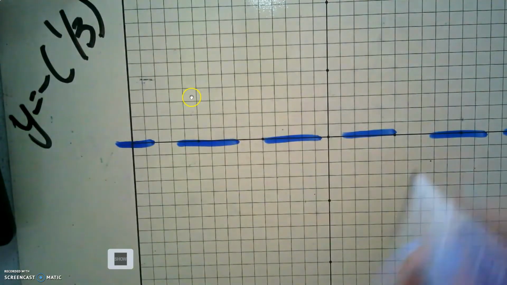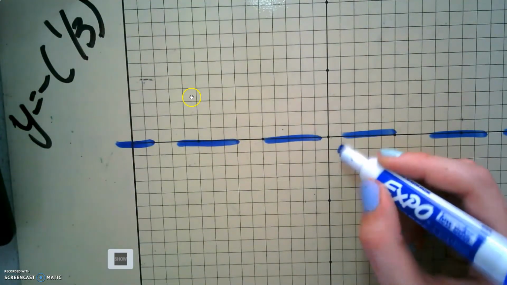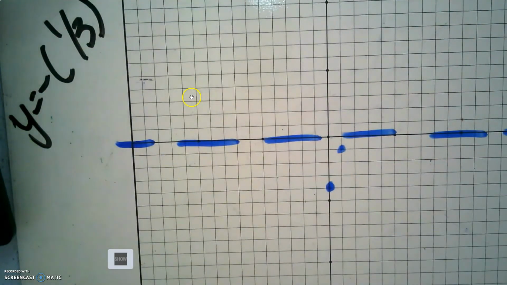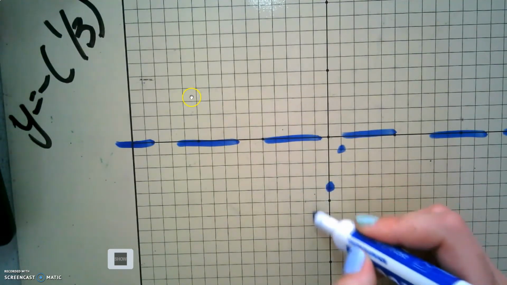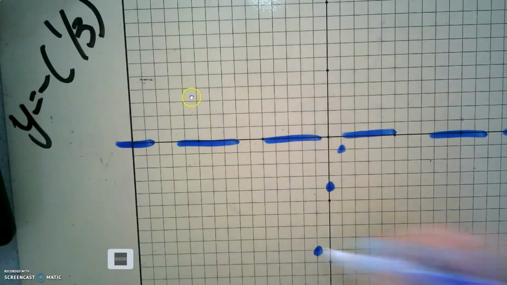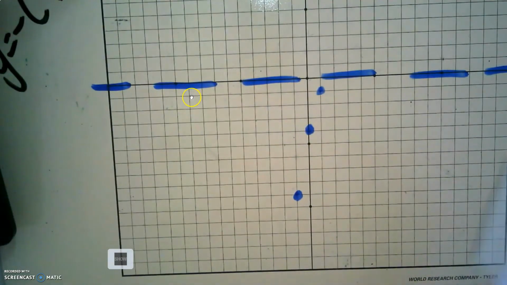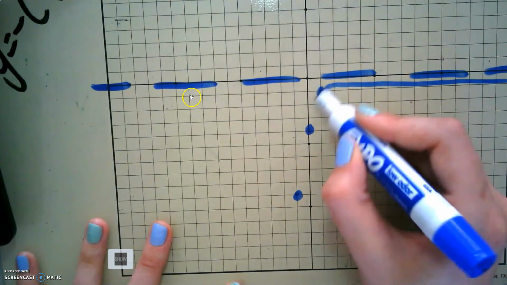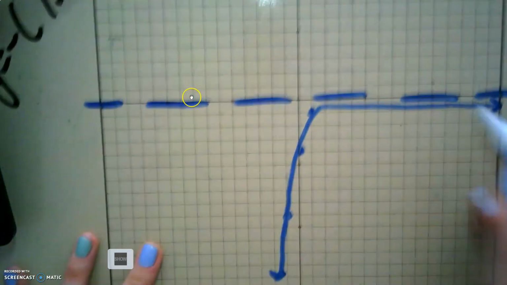I have a lot of fractions, but I have -1, 0, 1, 2, 3, and then -2, -27, which is way off my graph. Well, let's get really close to our asymptote and curve this thing down. So there's our function there.